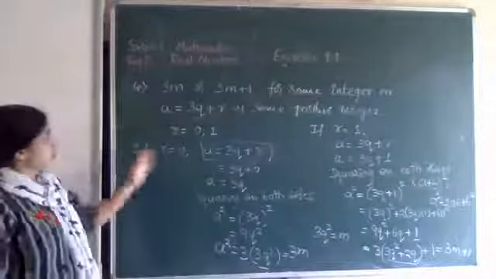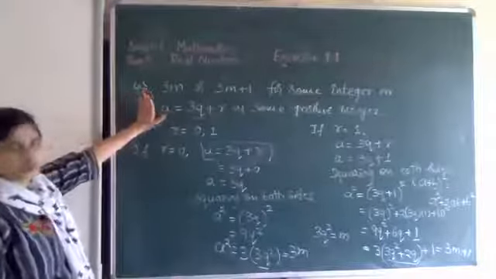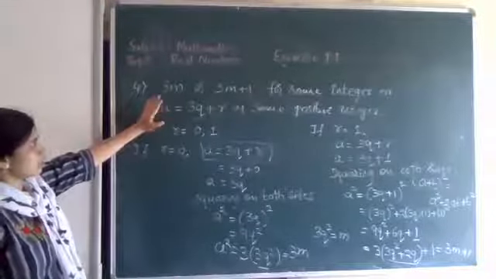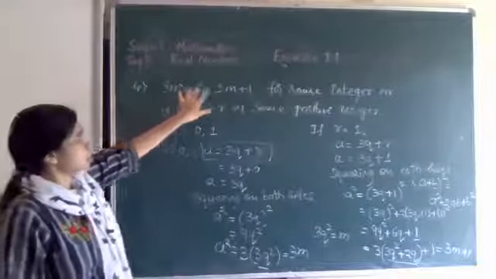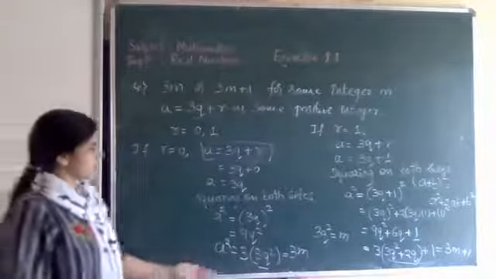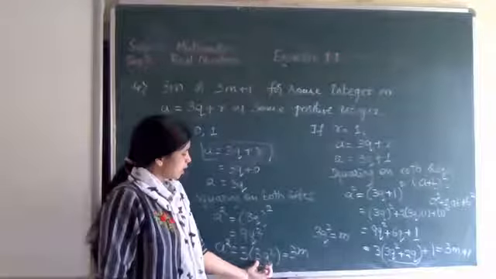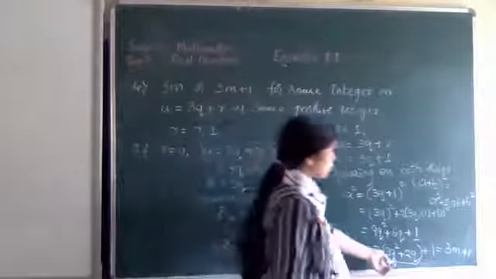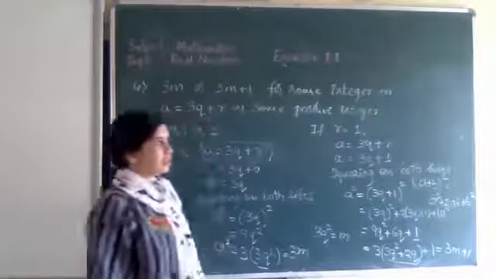What we were told is to show that the square of any integer is in the form 3m or 3m plus 1 for some integer m. Here m is some integer, 3q square plus 2q is some integer.